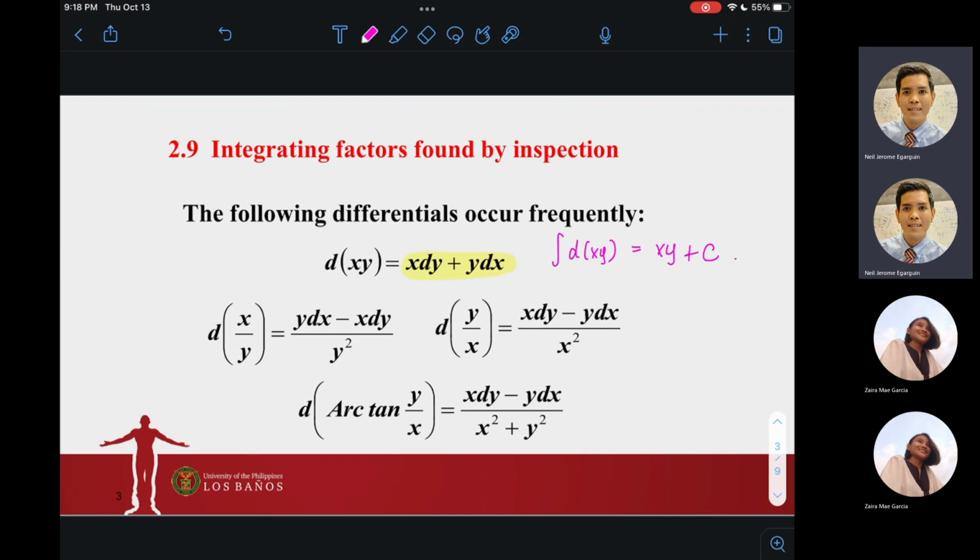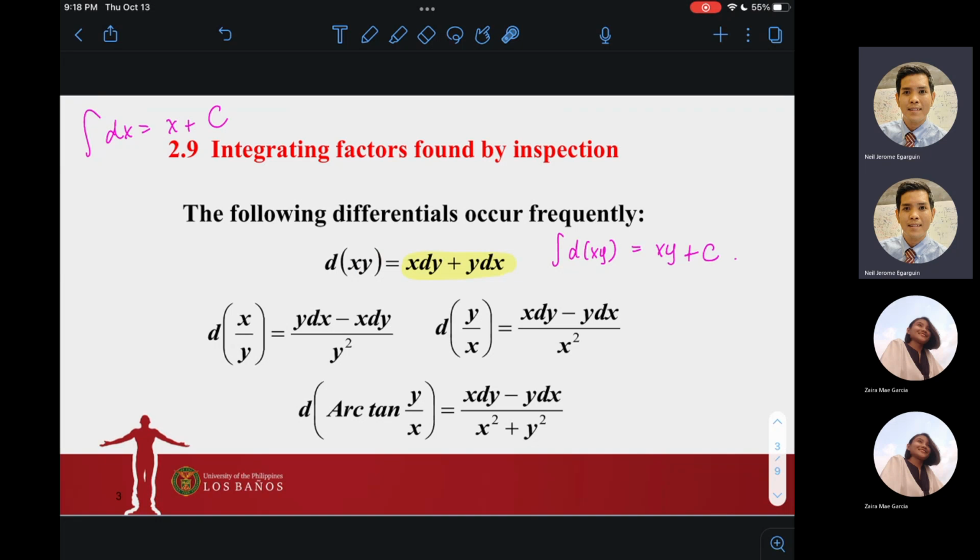Kasi di ba, pag nag-integrate ka ng dx, equal lang to kay x plus c, right? Kasi yung integral, inverse process siya ng differentiation. Okay? So ganun din dito, yung integral followed by its inverse will just give us the argument. So matitira lang ay yung xy plus an arbitrary constant. Okay? So preparation to mamaya pag mag-i-integrate ka na.